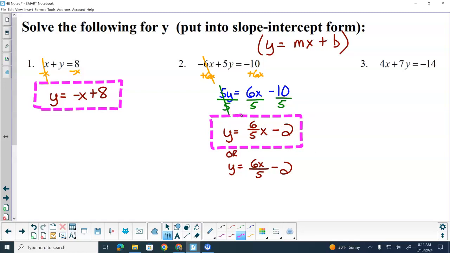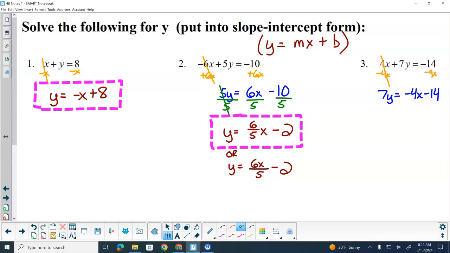Michelle, first step, next one. Subtract 4x from both sides. Dylan, next step. Divide by... Give me another chance.